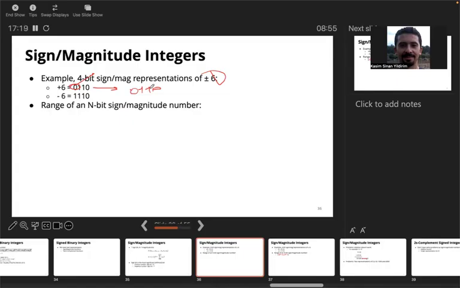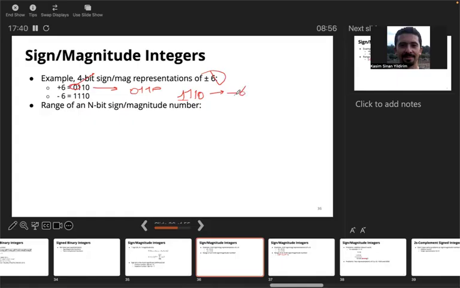Using 4 bits, I represent positive 6. If I have 1, 1, 1, 0, where 1, 1, 0 is definitely 6 in binary, and I put 1 here, what do you see? Then it becomes minus 6. Okay, so that's so simple.